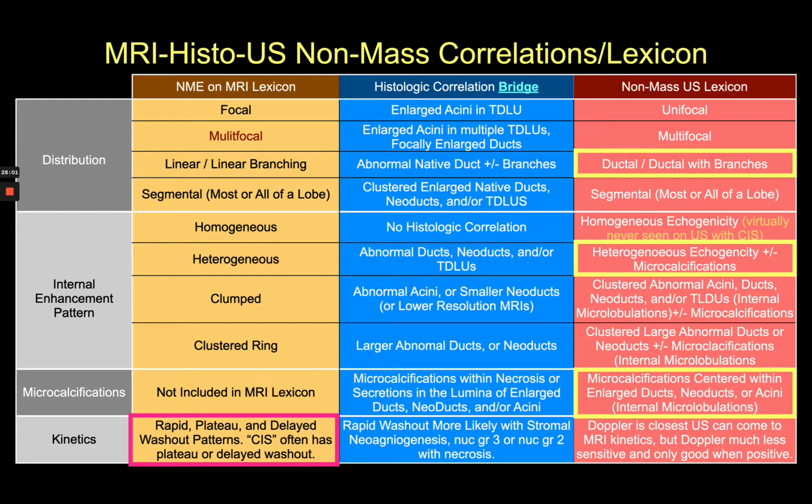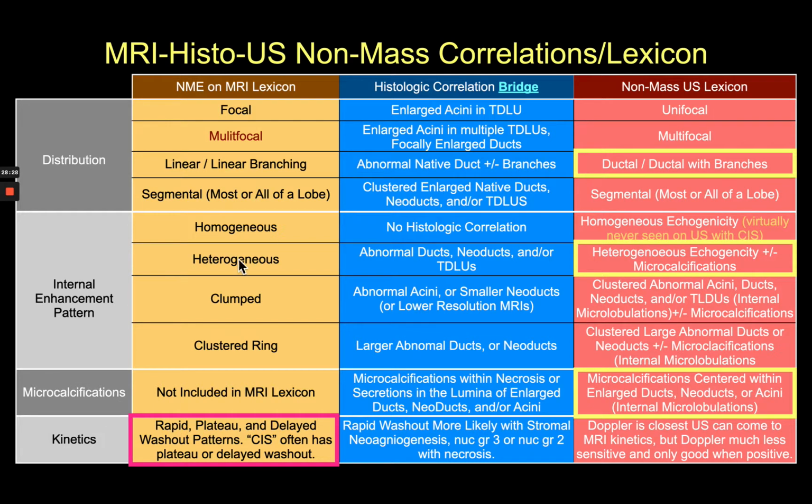So when we try to compare our NAME on MRI lexicon with non-mass ultrasound features, and we bridge them with histology, we get ductal or ductal branching pattern on ultrasound corresponding to linear branching on MR. These represent abnormal native ducts with or without branches.